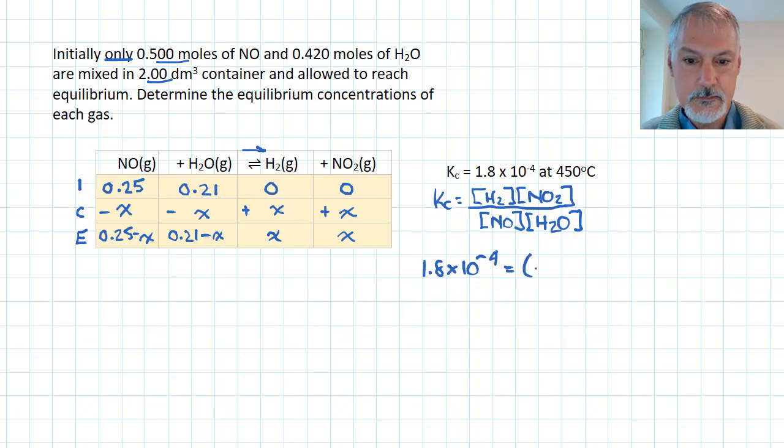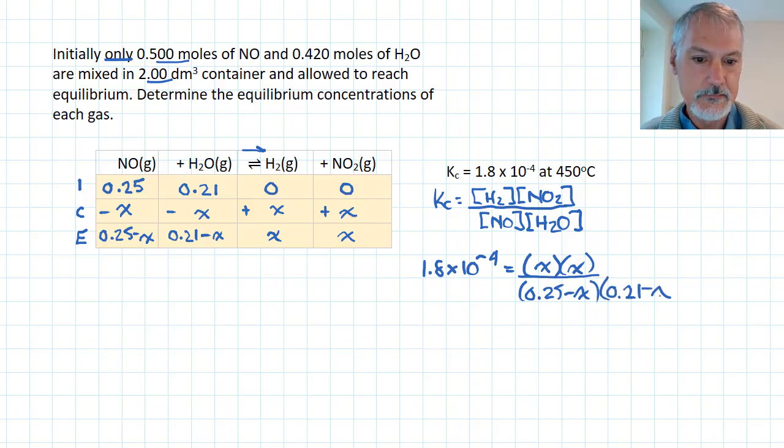On the top, I have x times x, and on the bottom, 0.25 minus x, 0.21 minus x. Now again, expanding these terms and isolating for x suggests we are headed towards the quadratic formula again.